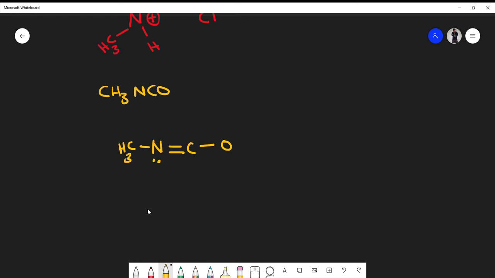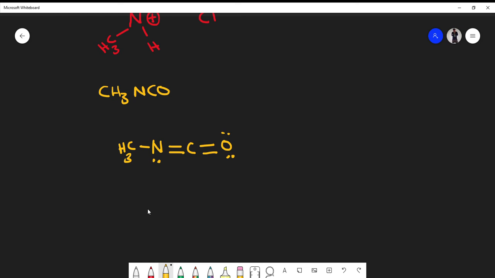So I know that at this point my nitrogen is satisfied. What about my carbon? It only has 6 valence electrons around it. My oxygen only has 2 valence electrons around it, so that's not satisfied. So if I form a double bond between the carbon and the oxygen, now my carbon is satisfied. I have 2, 4, 6, 8 electrons, and I could put 2 more lone pairs on the oxygen, and that would give me the molecular formula that we're looking for.